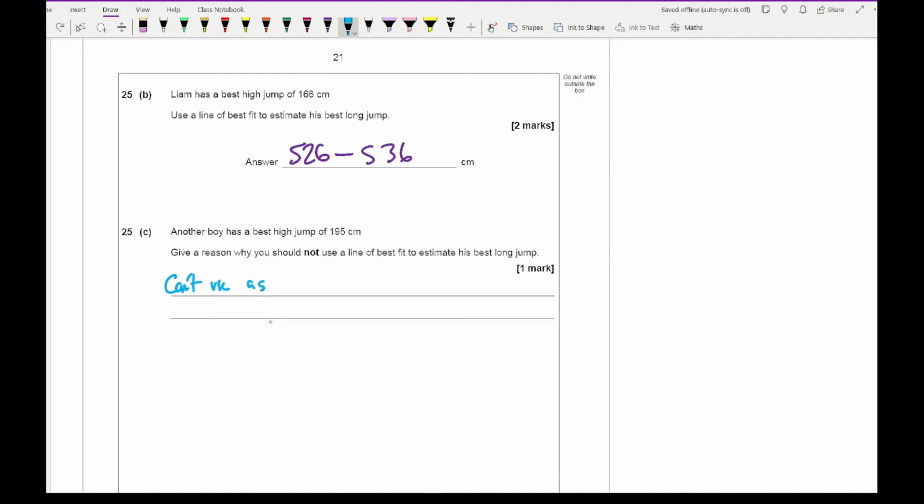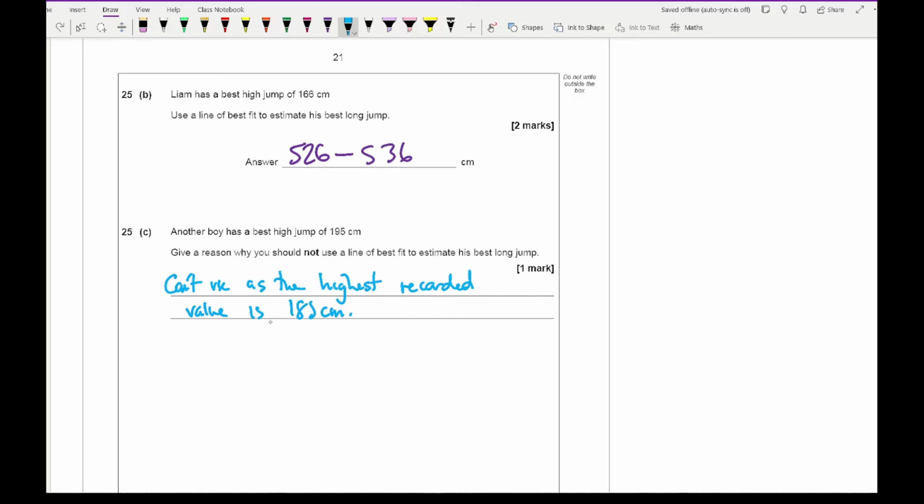The highest recorded value is 185 centimeters. Now this is what we call, if you've done a bit of higher knowledge, depending on how you've been taught in terms of vocabulary, extrapolation. Extrapolation is when you're using a number that is outside what has been recorded.